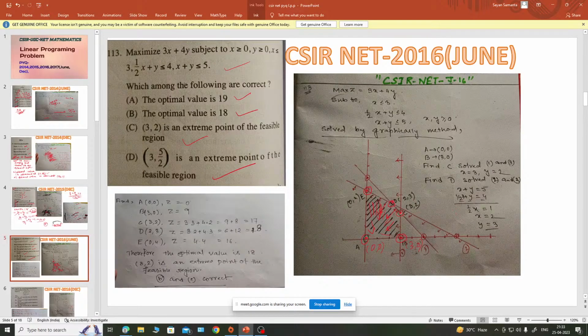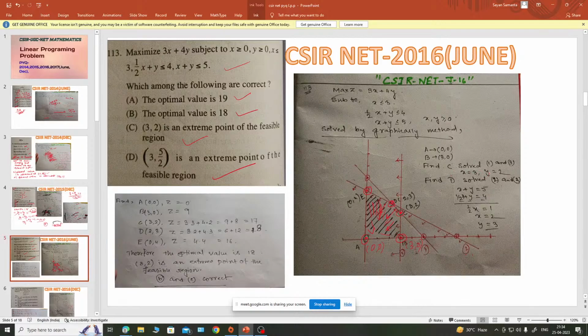This point C is the intersection of equation 1 and equation 3, so if we solve equations 1 and 3, we get point C. And this is D, the intersection of equations 2 and 3, so if we solve equations 2 and 3 and find x and y, we get point D. So this is our task.